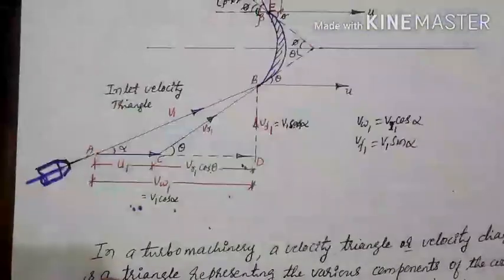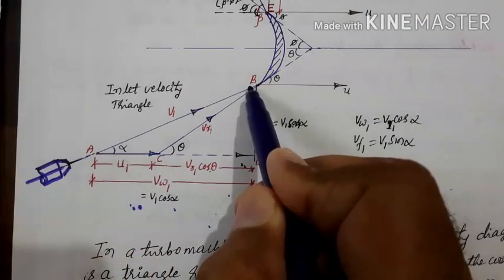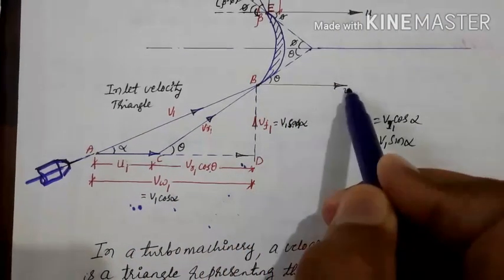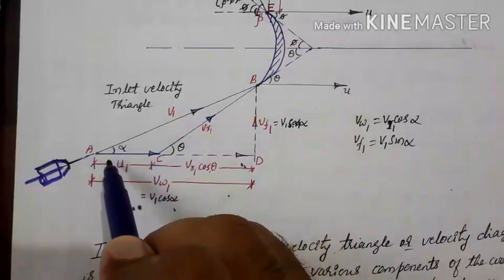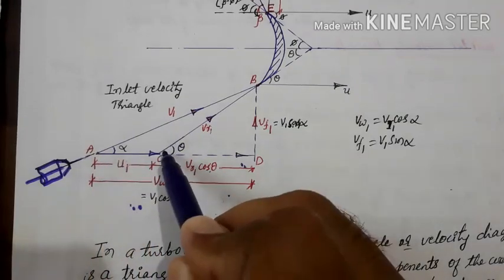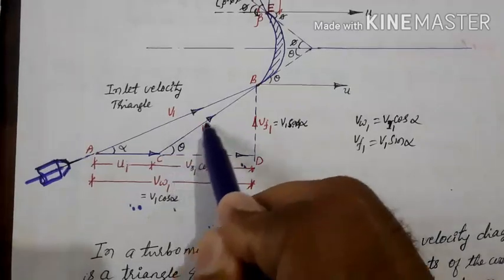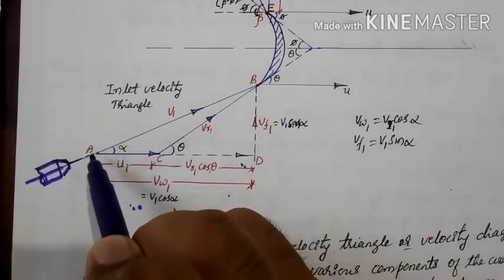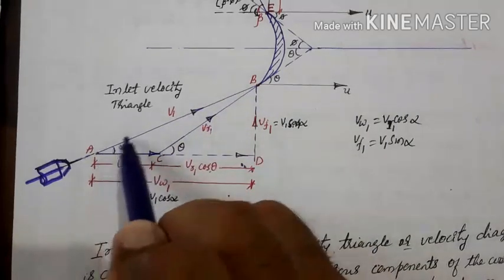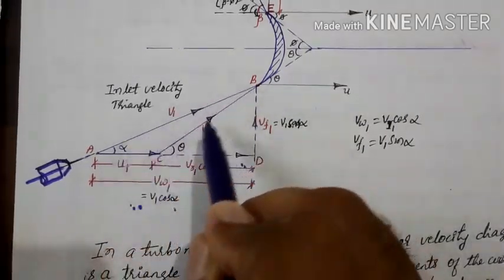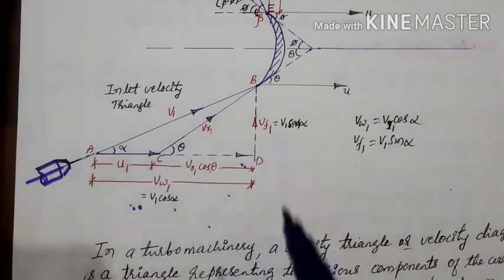Okay, so here we have drawn this is v1, then this is the motion of the blade, which we have shifted here and kept here like this. Then the difference of these two will give you the relative velocity. Then the triangle ABC is the inlet velocity triangle.